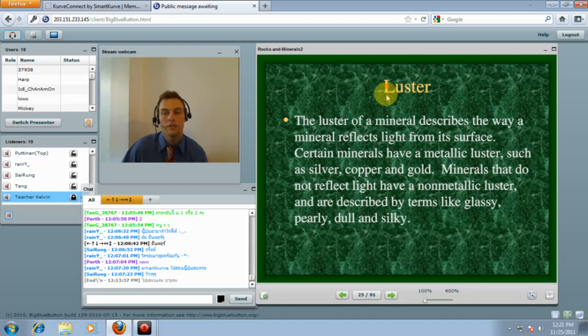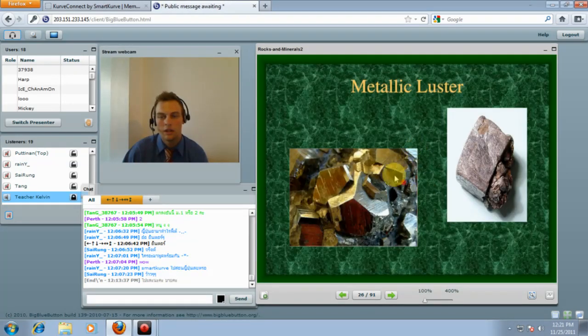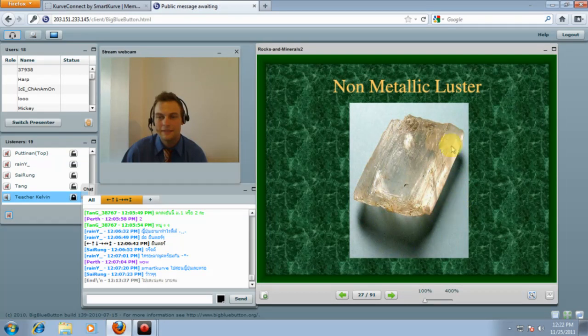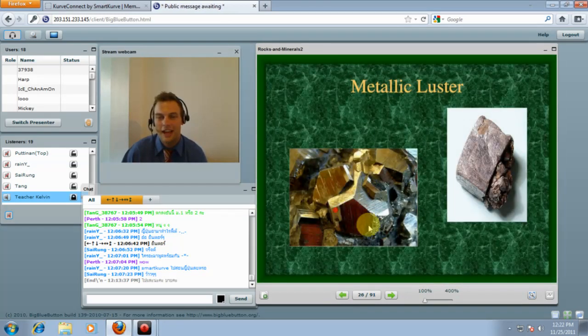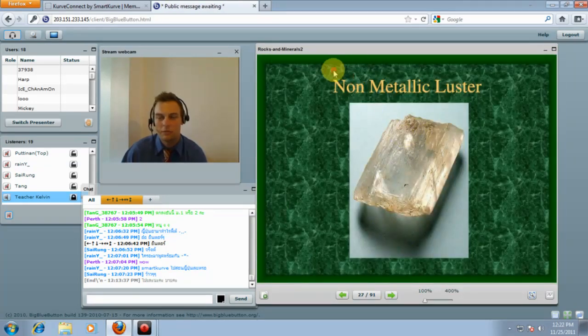If you have the color and the luster, you might know a little bit more about it, but still that's not enough. This is an example of metallic luster. This looks like pyrite, and I don't know what that is. Really ugly mineral of some kind, but metally. Non-metallic. So this is anything that doesn't look like that. Non-metallic luster.